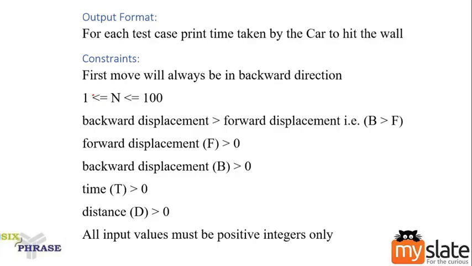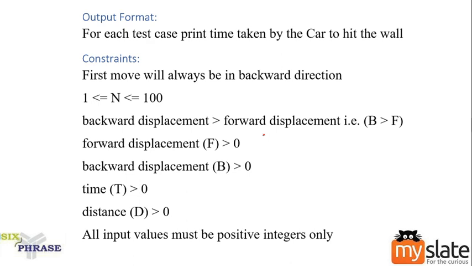Now look at the constraints. They are telling you backward displacement will be greater than forward displacement. That makes sense because the wall is lying behind us, right? If I move 10 meters in the forward direction and 5 meters in the backward direction, then I cannot park the car at all.